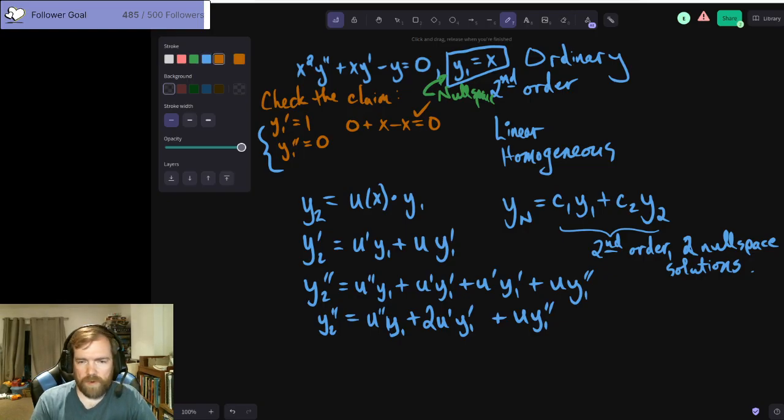So if we come over on this side, we could say that this is going to be u times x is our original y2. y2 prime then is going to be u prime x plus u, and here x prime is going to be our 1.